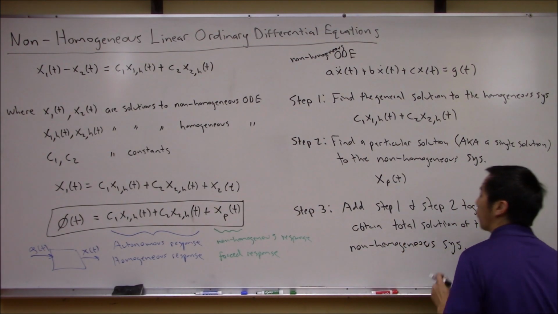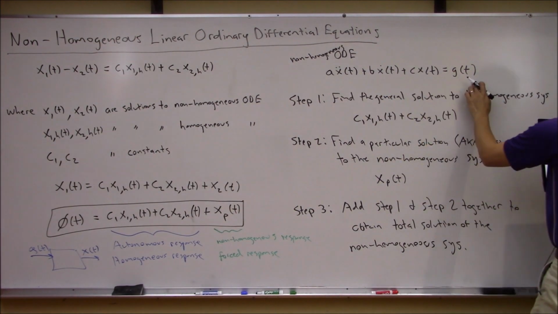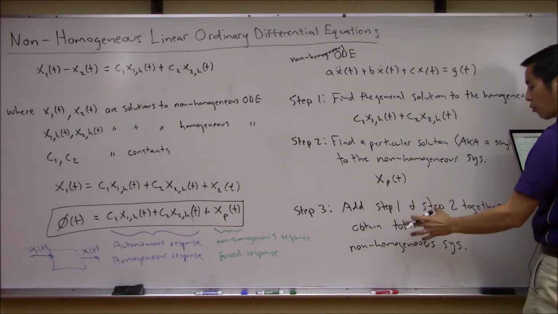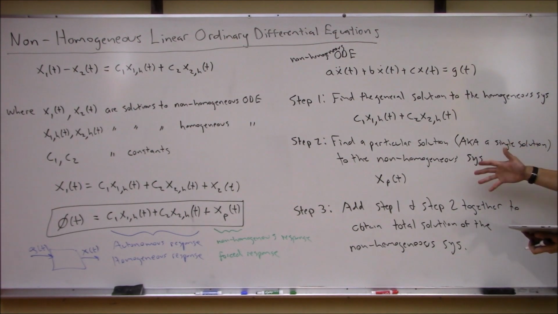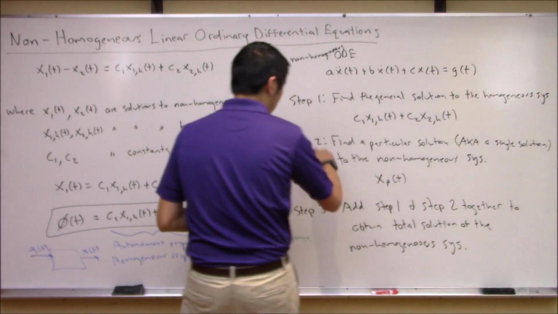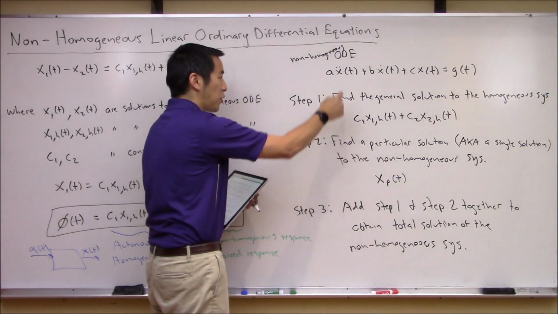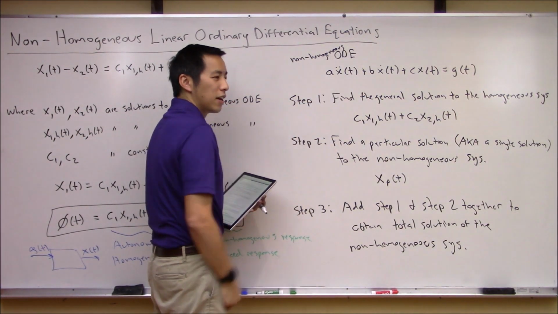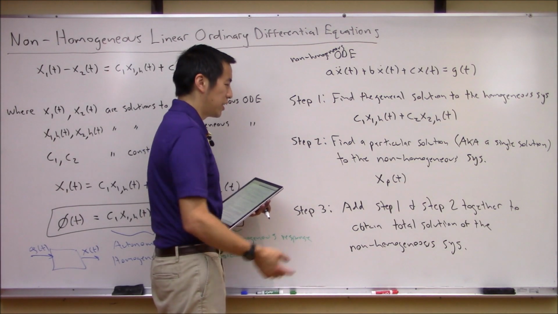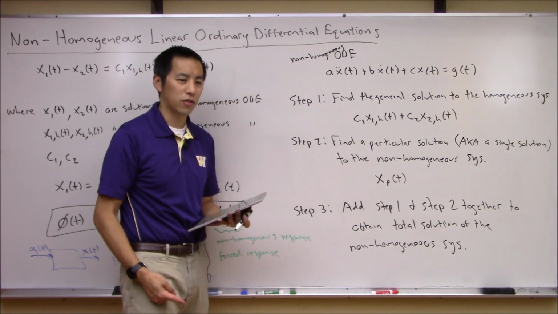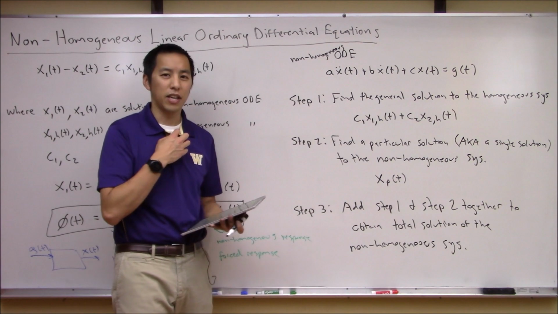That's what we were gunning for, the solution to this thing. Again, this is what we're trying to solve. I want the total solution. So it's a little bit circular in the sense that first you find the homogeneous solution, and then here's the circular part. To find the total solution to this non-homogeneous differential equation, you have to find one solution to start with, and then you add it together to get the total solution.